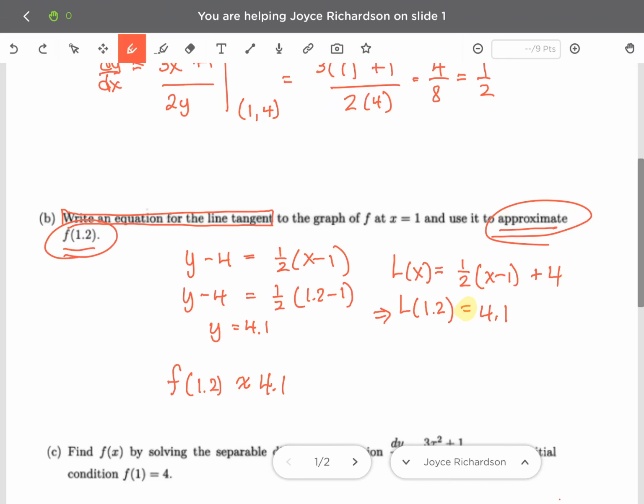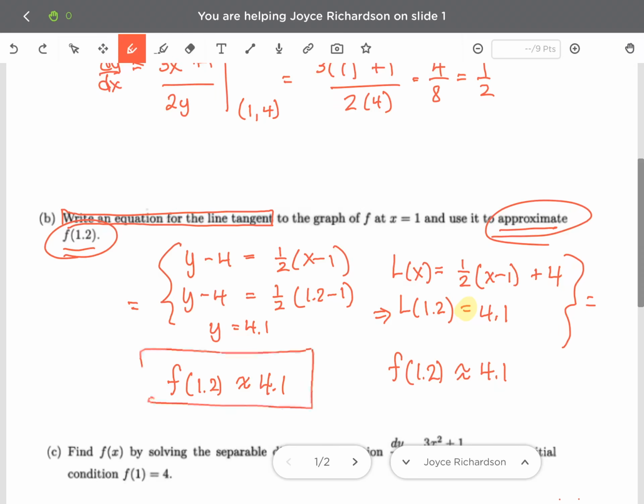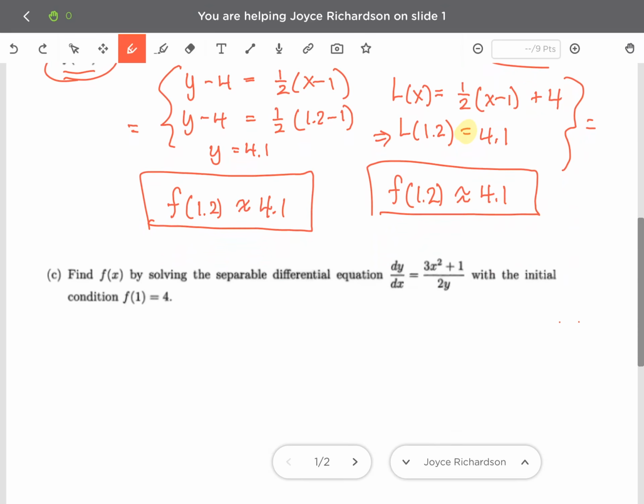So please make sure that you have the equal sign, and then for that linearization, we're still going to come down here and say, okay, that means that the function at 1.2 is approximately 4.1. So there's a difference. All of these are equal signs because that is a straight line. When we talk about the function, that is the approximation.